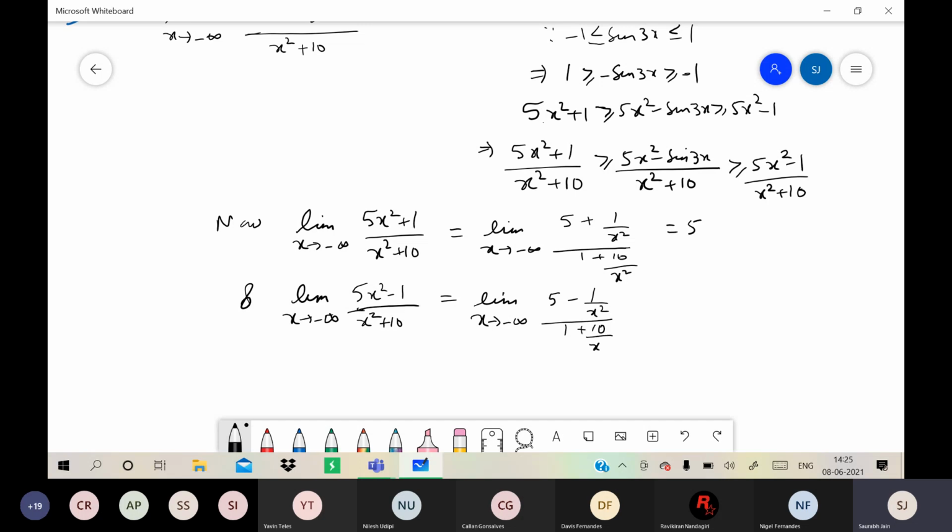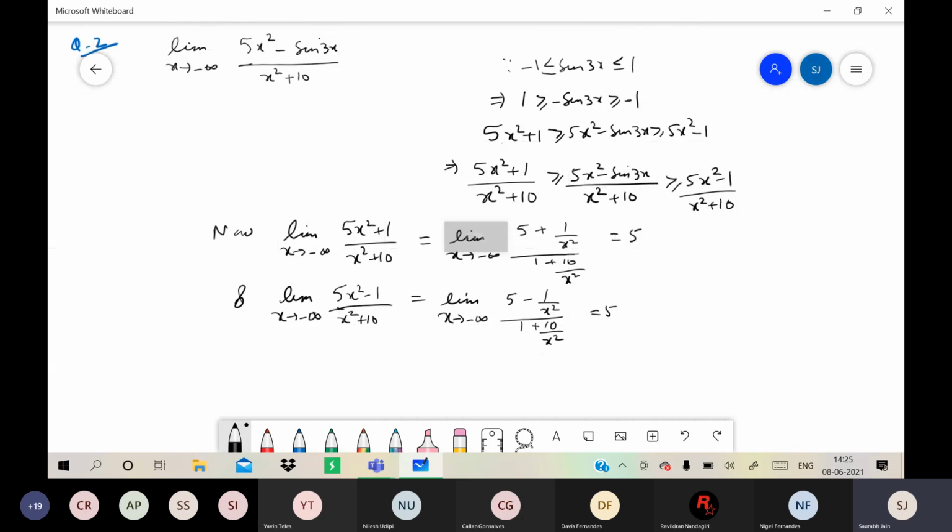This is also 5. So what do you observe? Both the limits are coming the same, therefore the limit of the middle function at this x will also be equal to this value. This is the way to use sandwich theorem. You will have to create inequalities, that is important.